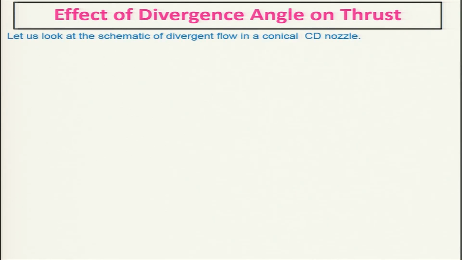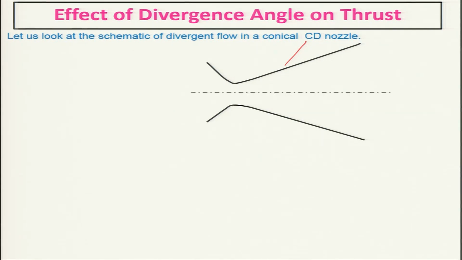So, for that let us look at the schematic diagram of a conical CD nozzle, and this is your CD nozzle. It has a convergent portion, a throat area, and a divergent portion. This is your axis, this is the x direction and this is the r direction.